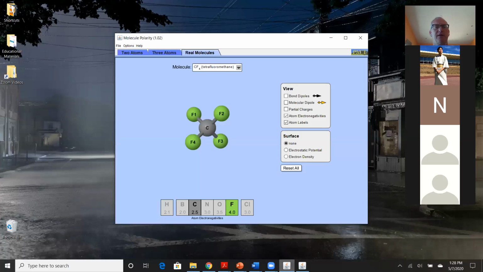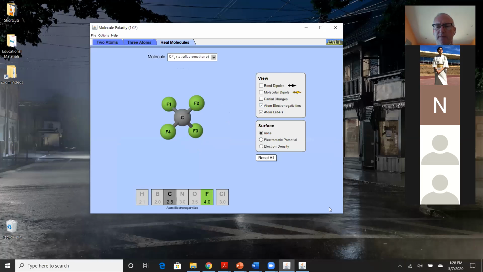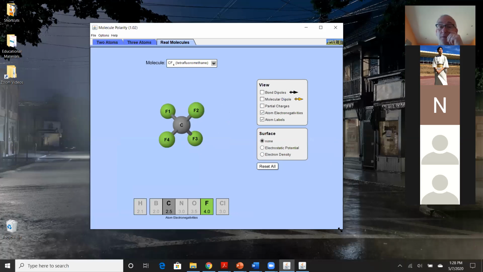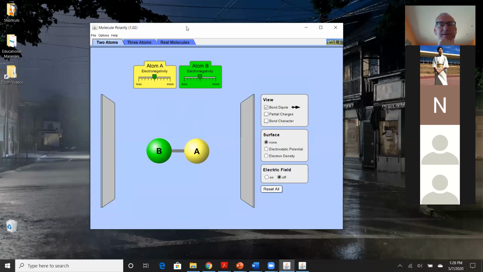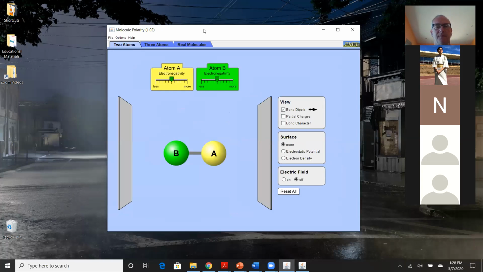So this is the molecular polarity screen that I have. Do people have the real molecules tab on theirs? Yeah. Oh, you do? That's great. I was worried the HTML version didn't have it. Okay, wait, mine didn't work. Never mind.